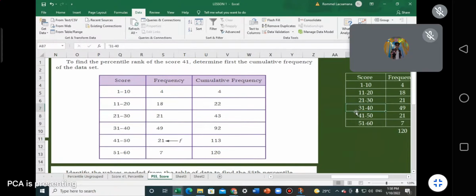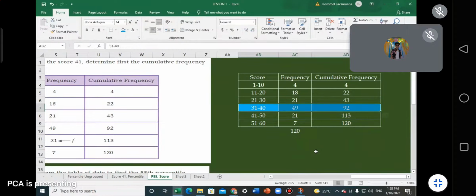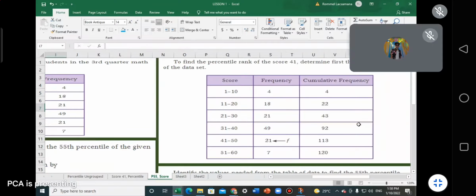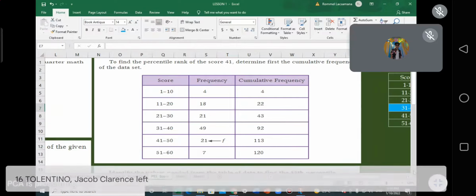Again, we do not use your frequency because it might mislead you. Use the column that is CF. 66 is there.